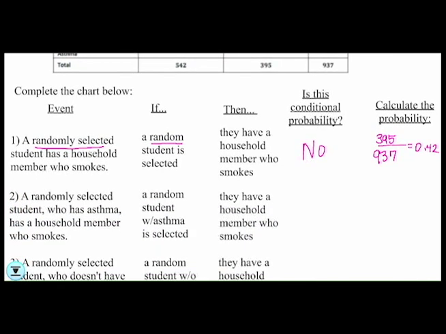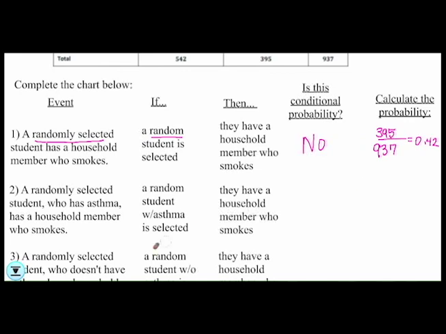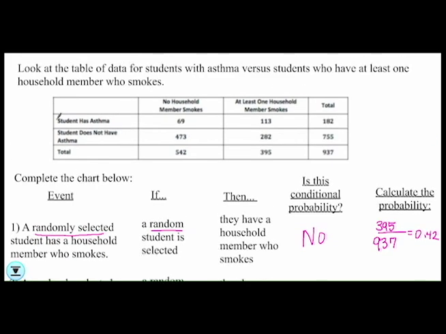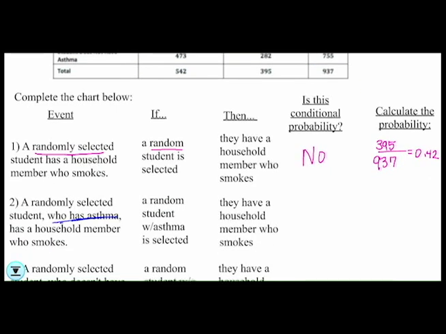The next one says a randomly selected student who has asthma, so that would be my first condition. So going back up here, a randomly selected student in this asthma category. This is my condition. The second part is a household member who smokes. So if a student with asthma is selected, then we can say that they've got a household member who smokes.